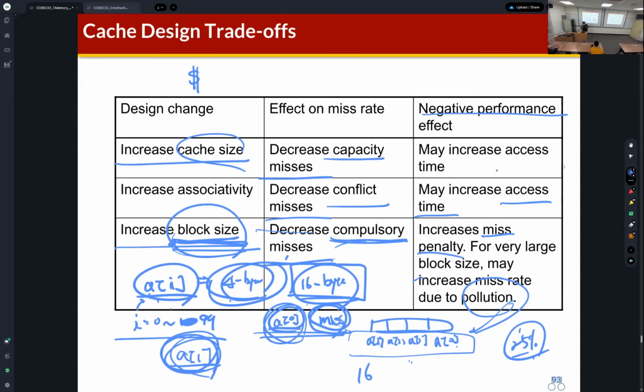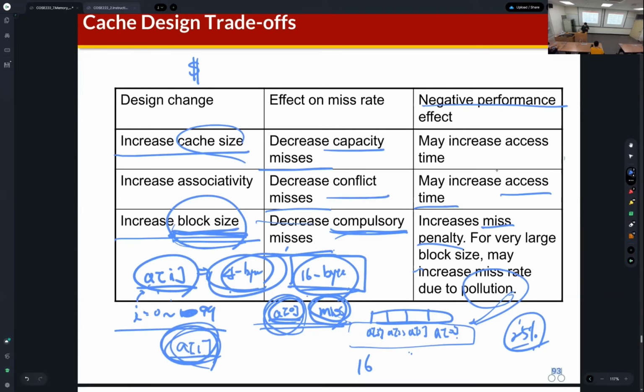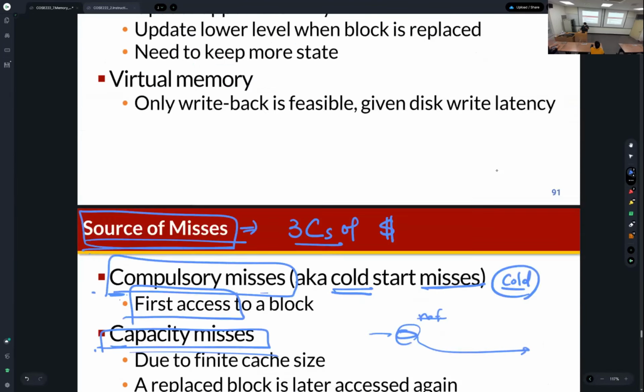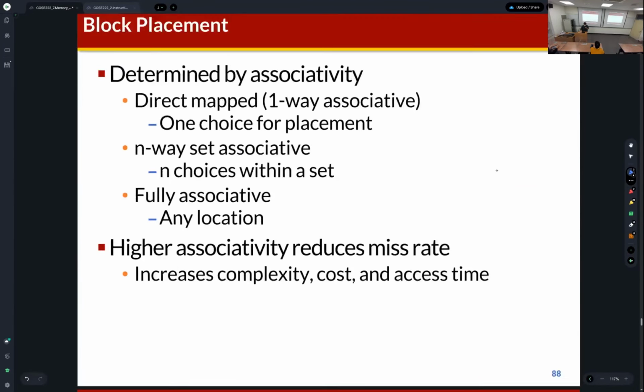So this is the performance impact of the cache size, the cache associativity, and the cache block size. Okay, so this is the end of the cache.